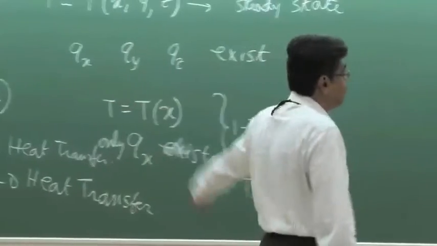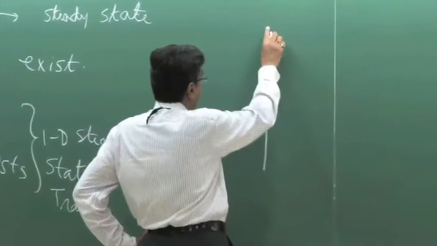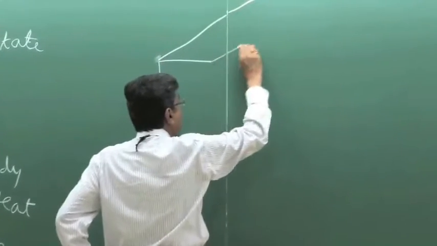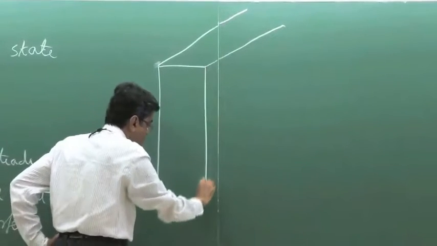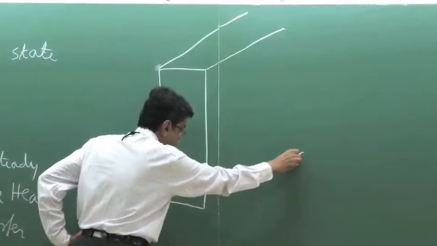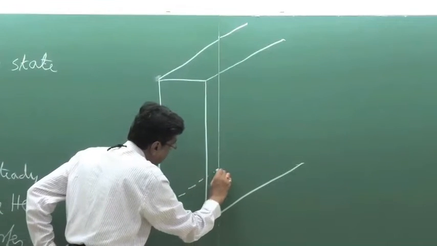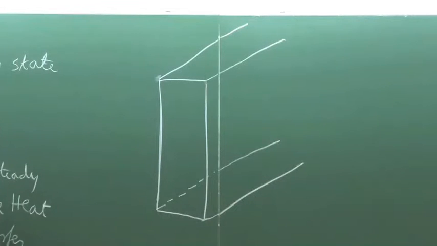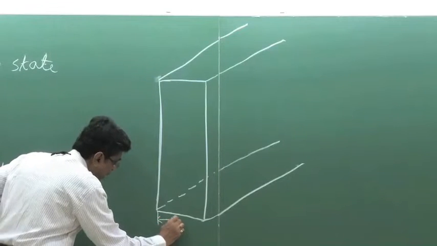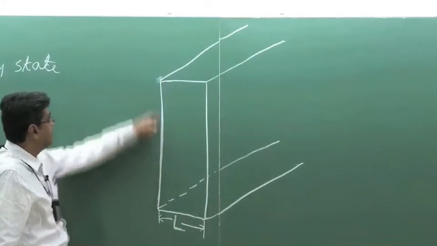So to realize this in practice, let us consider a wall like this, whose dimension in this direction, which we call length or width, L, is much smaller compared to its dimension in this and this direction.